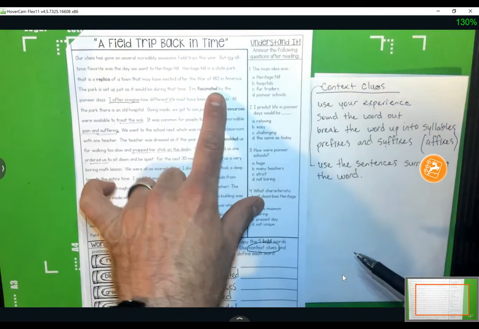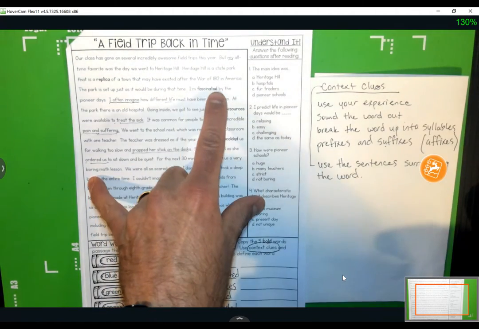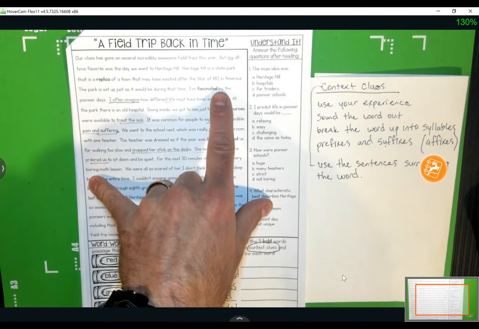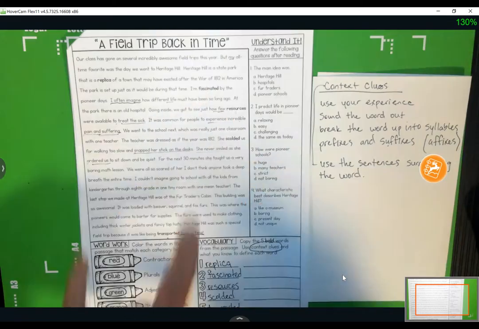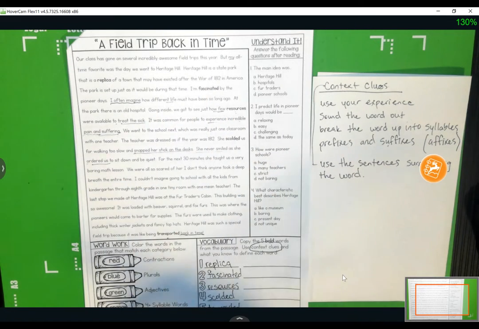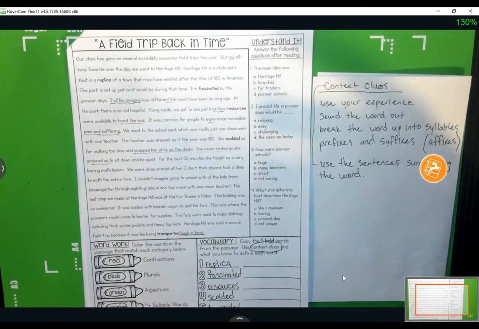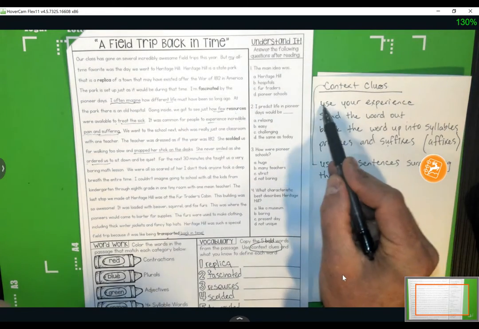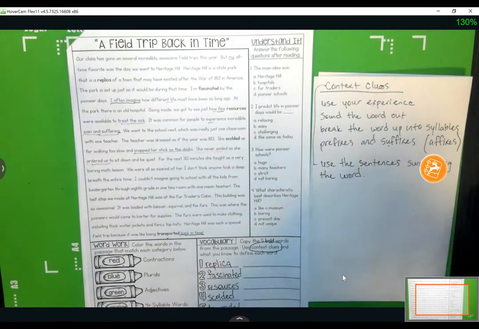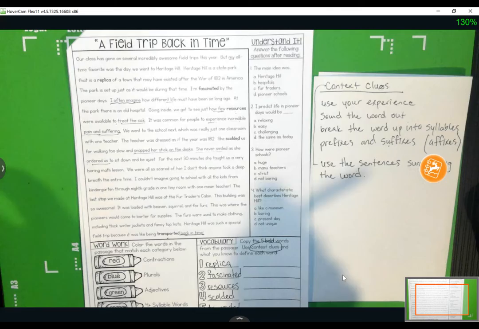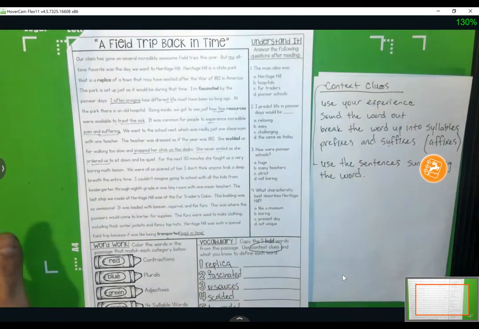We have the ed, which is a suffix added to the end of this word. Now, if we took that off, what do we have? We have fascinate. And from there, we can start to think about, ooh, fascinated, fascinate, I think I've heard this word before. I have some experience with this word. Fascinated, to fascinate. I was fascinated by Mr. Tillish's amazing lesson on context clues.